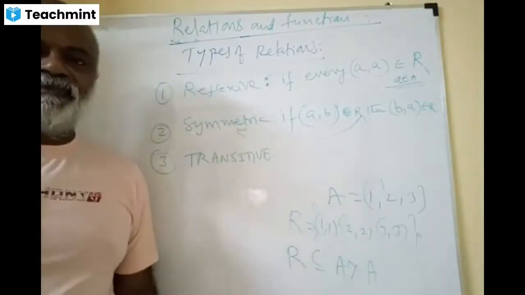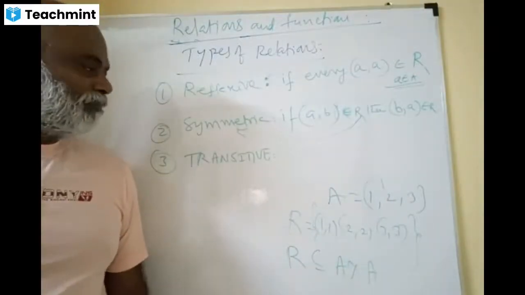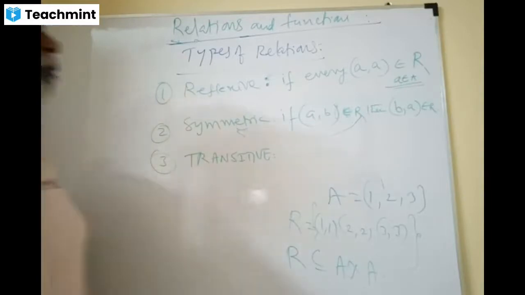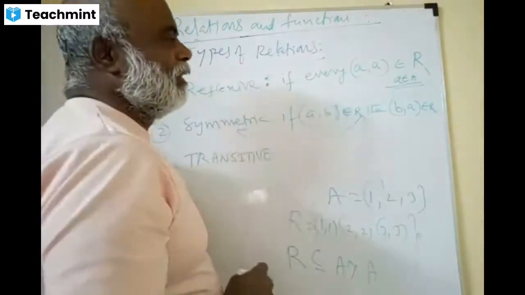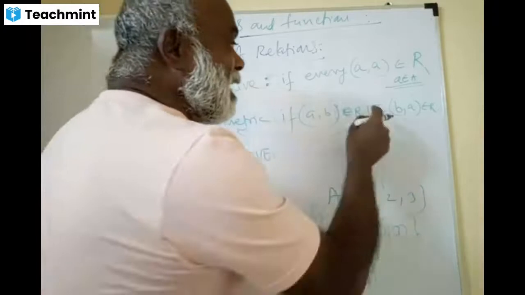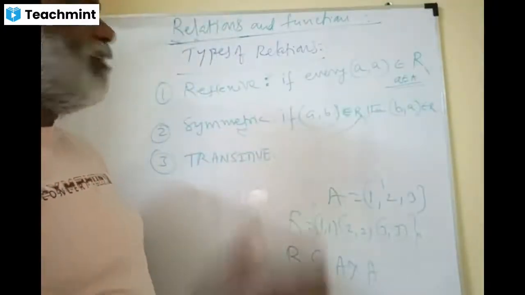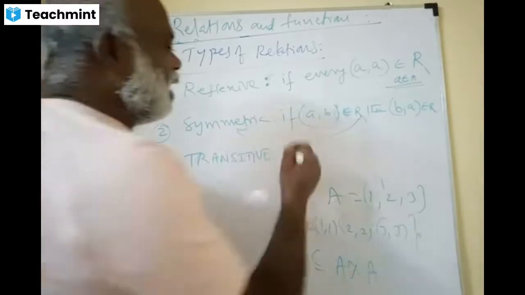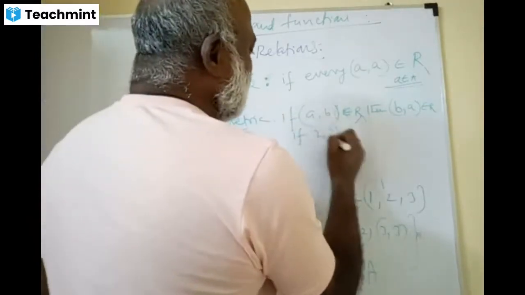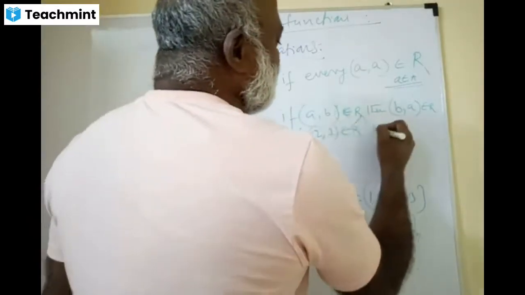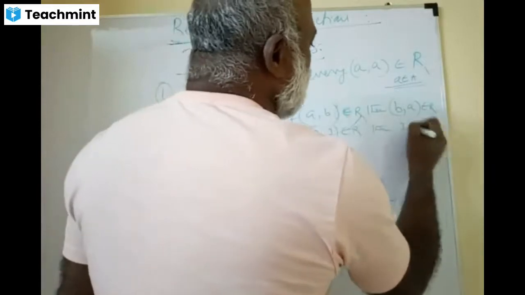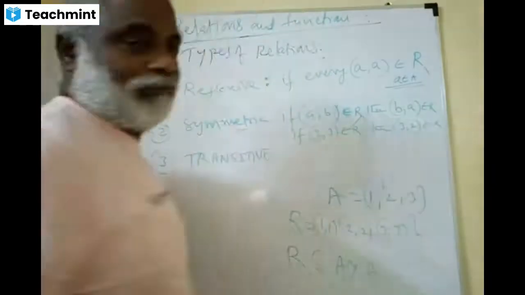Is it clear? If (a, b) belongs to R, then (b, a) also must belong to R. That means if (2, 3) belongs to R, then (3, 2) also must belong to R.